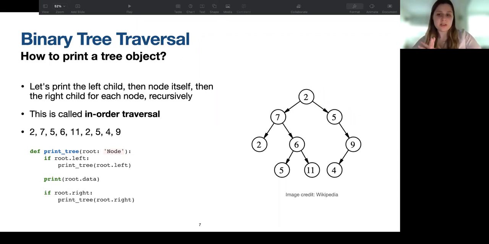So anyway, let's take the binary tree which I have right here. And let's have a think about what we can do to print it out. And the way we're going to print it out is for each node, first we're going to print the value or the key of this node. Then we're going to print everything that's to the left of this node.